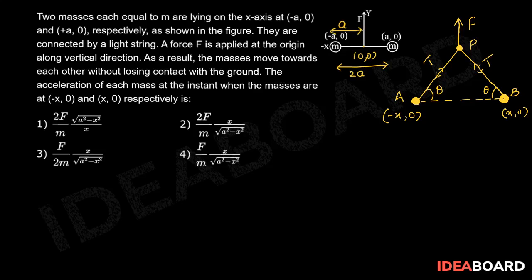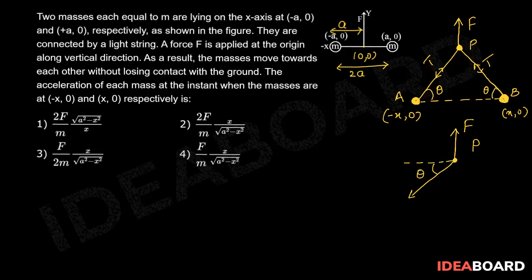Now let us draw a free body diagram on point P. Capital F force acts vertically upwards. Tension T acts in the downward direction in such a way that it subtends angle theta with the horizontal.